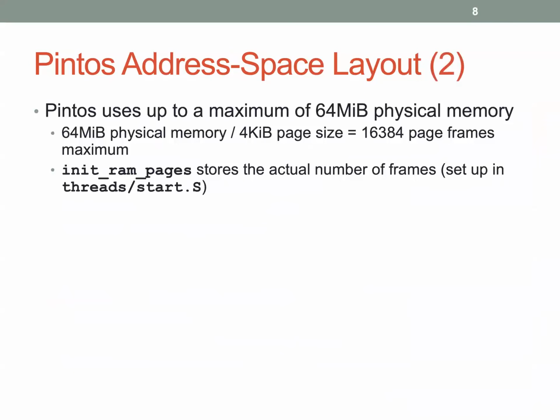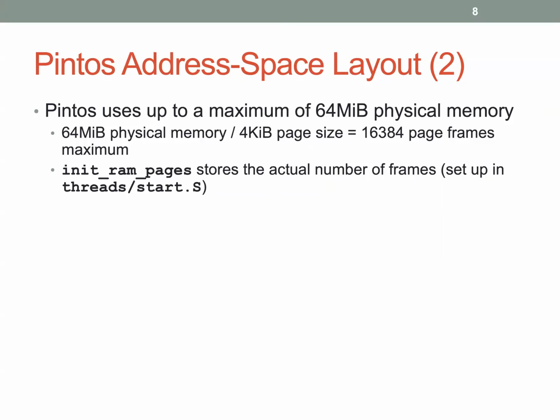Okay, Pintos has a constraint that it only will use up to 64 megabytes of physical memory. Now, the IA32 page size is 4 kilobytes, so if you divide 64 megabytes by 4 kilobytes, you end up having an absolute maximum of 16K page frames that you have to support.